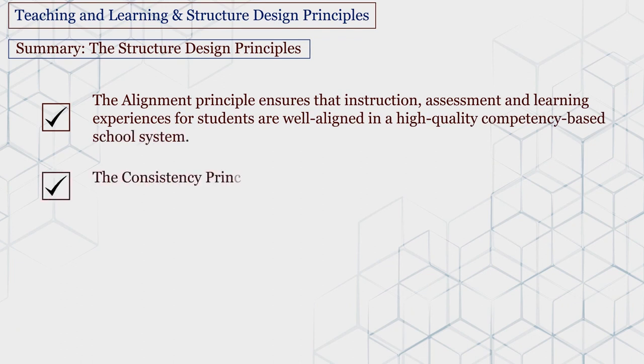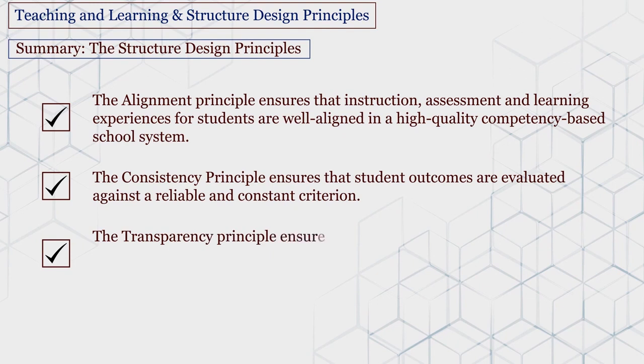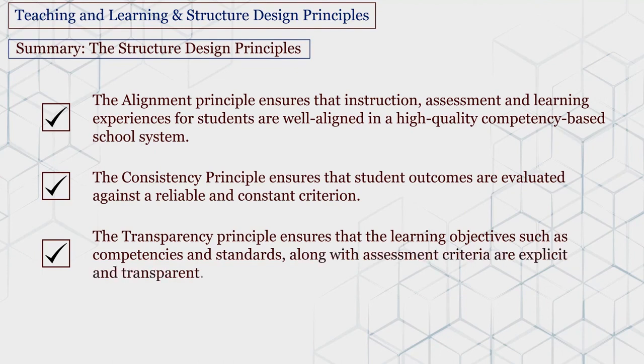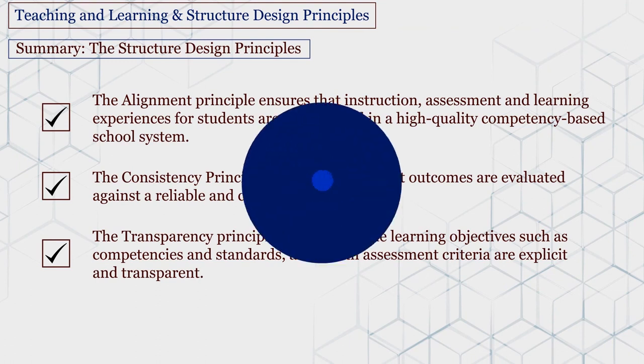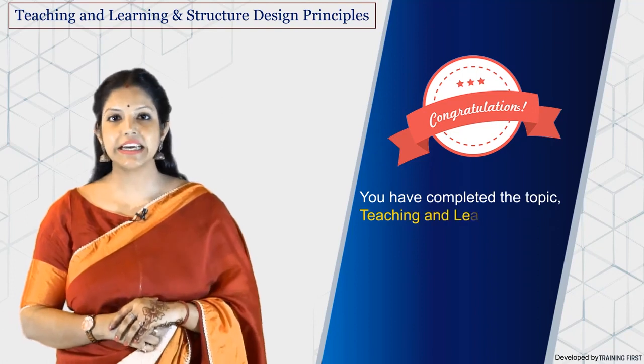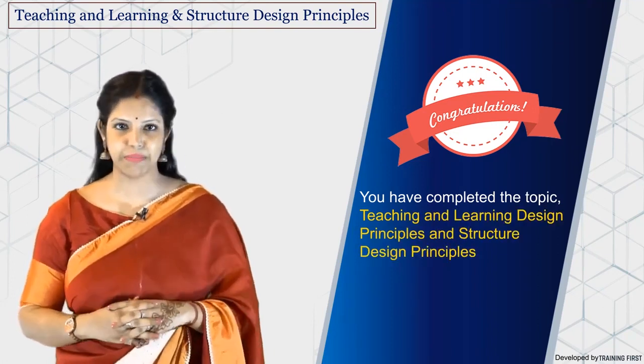The consistency principle ensures that student outcomes are evaluated against a reliable and constant criterion. And the transparency principle ensures that the learning objectives such as competencies and standards, along with assessment criteria, are explicit and transparent. Great! You have completed the topic, the teaching and learning design principles and the structure design principles.